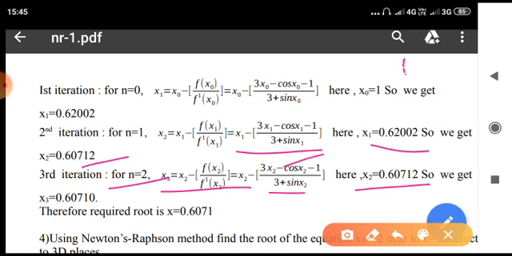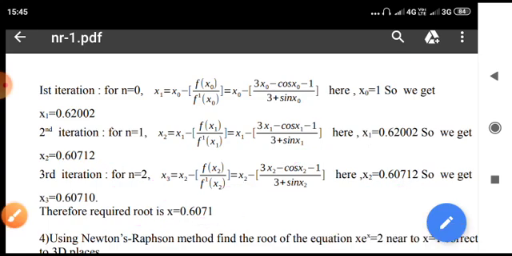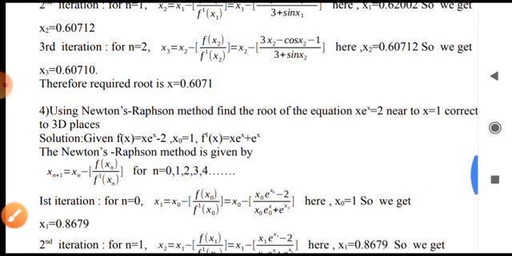Therefore, the required root corrected to 3 decimal places is x equal to 0.6071.